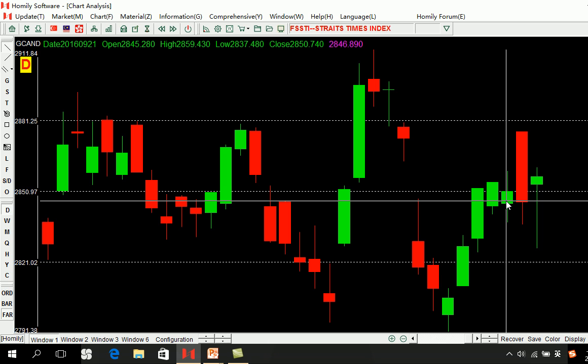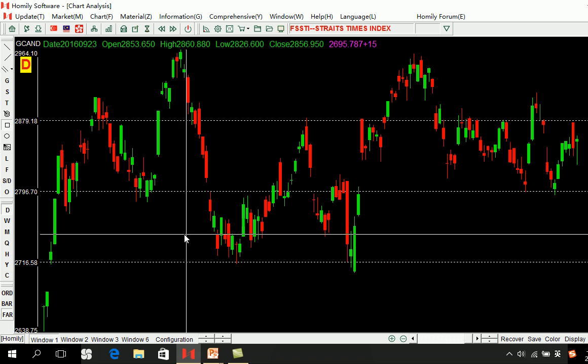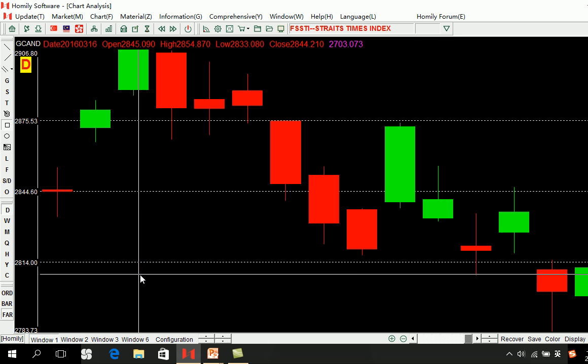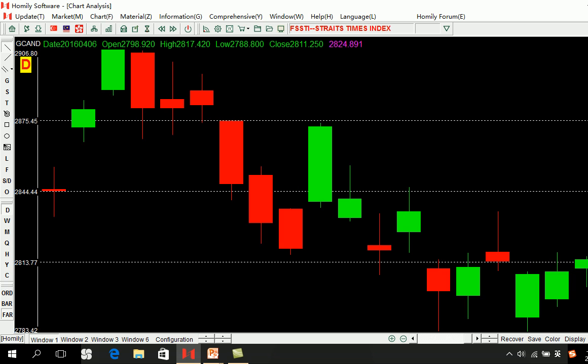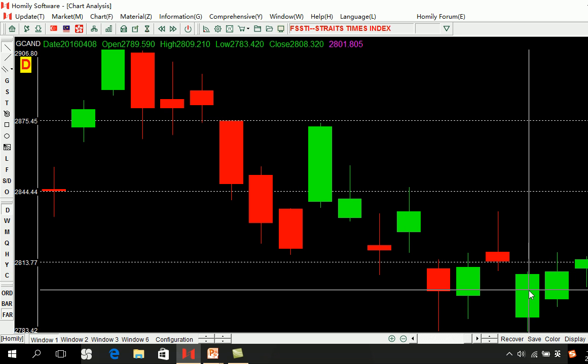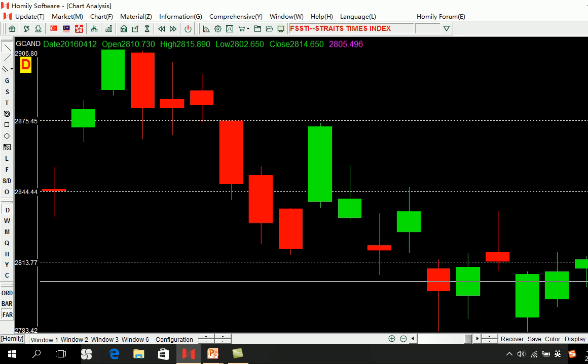So you can learn this method. Then we can see this one. This is the low point, right? Can this one be taken as the 2 candlestick? No, because the high price is not higher than the previous one.